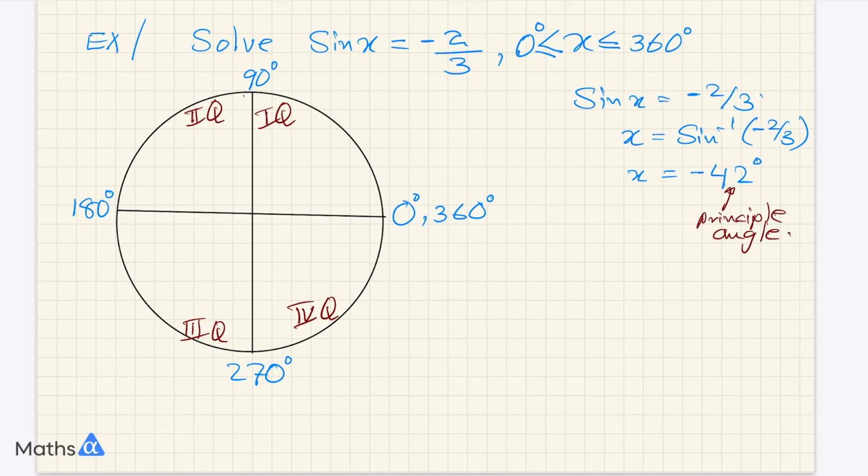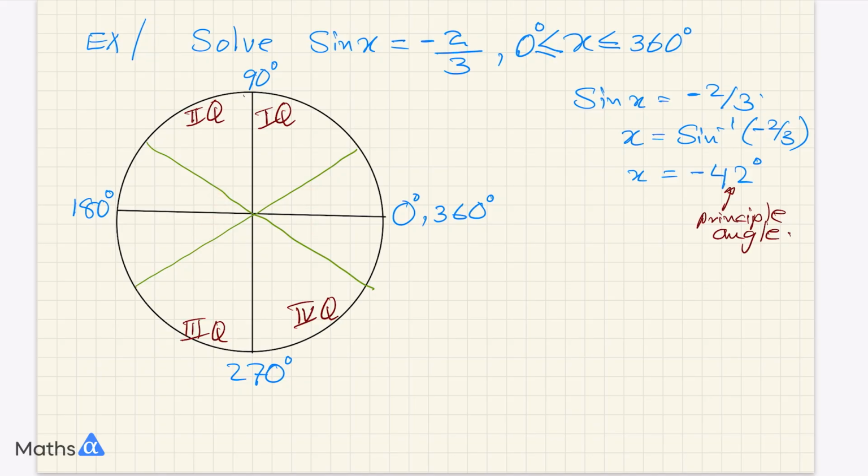Right, so we're going to actually use this principal angle to complete this CAST diagram. So always the same thing, I'm going to draw these two cross lines, right? Now what I'm going to do, I'm going to remove this negative sign and fill these angles as 42.